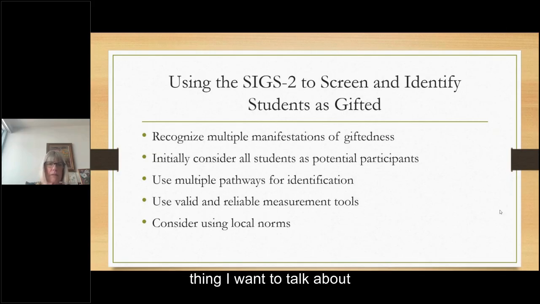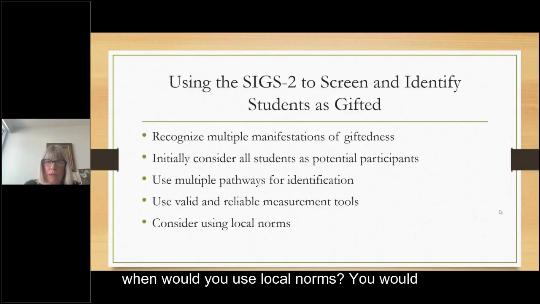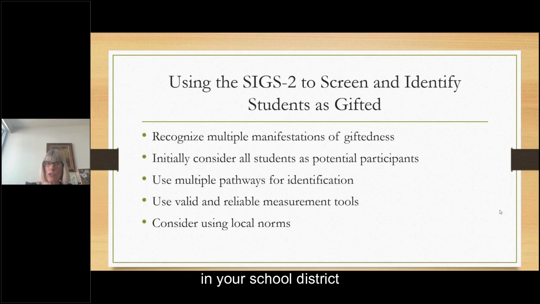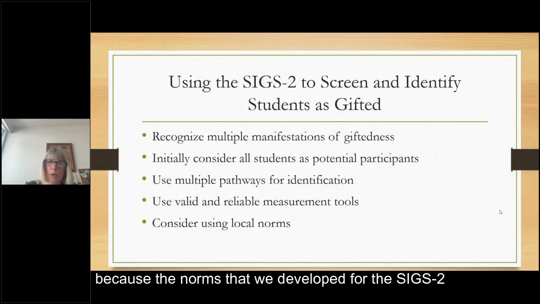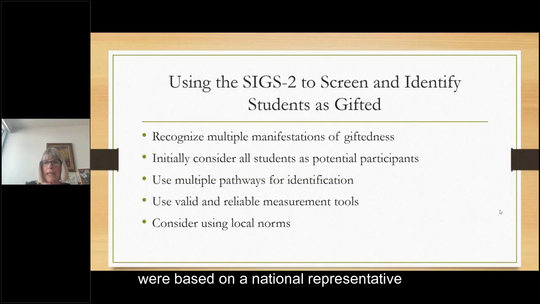The last thing I want to talk about is considering using local norms. Now, it can be a little tricky, but when would you use local norms? You would use local norms if your student population in your school district is very different from a nationally representative sample, because the norms that we developed for the SIGS-2 were based on a nationally representative sample of students kindergarten through grade 12 throughout the United States.